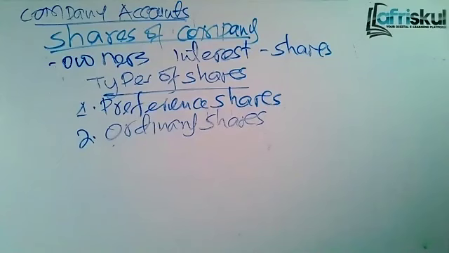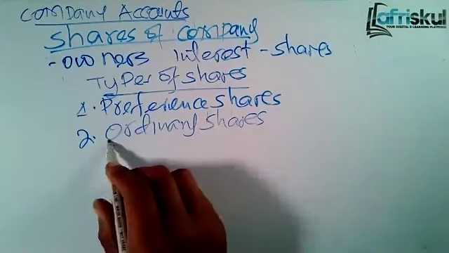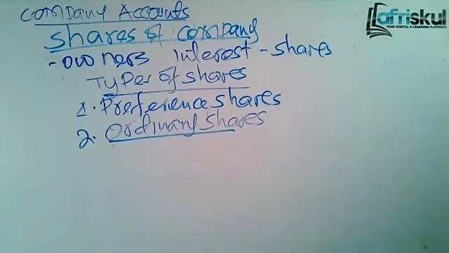Now, preference shareholders do not have any right to vote over their shares, and therefore they do not have any control over the company. That's why you find that the preference shares are more favorable than the ordinary shares.